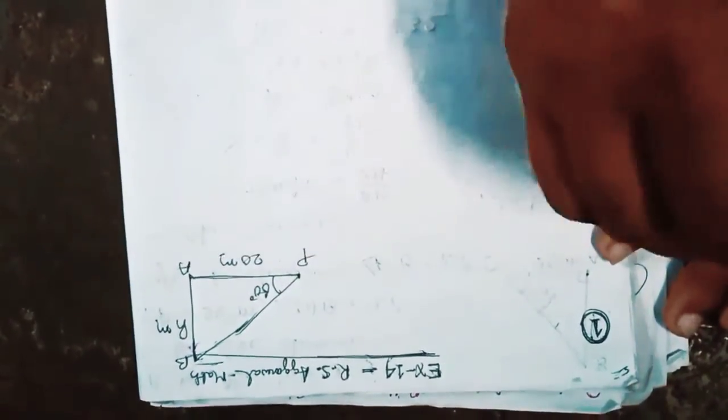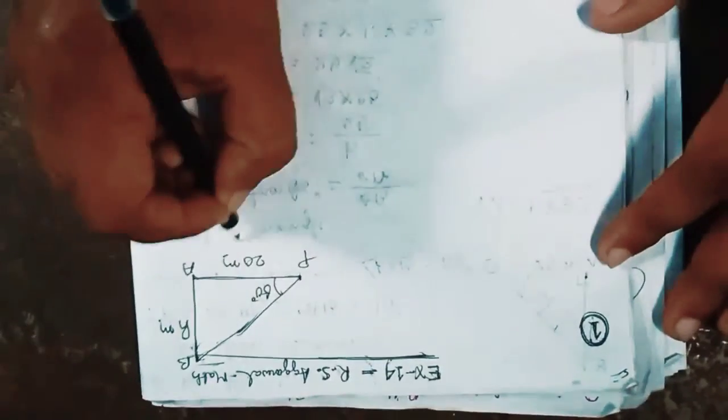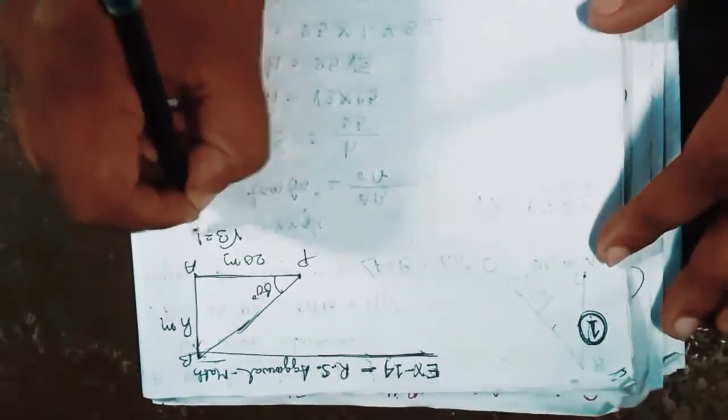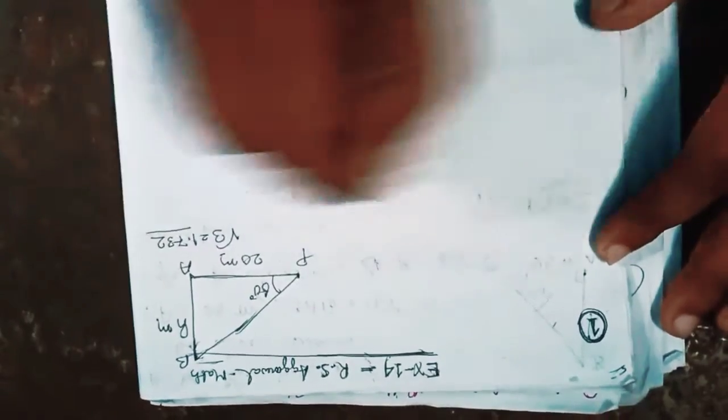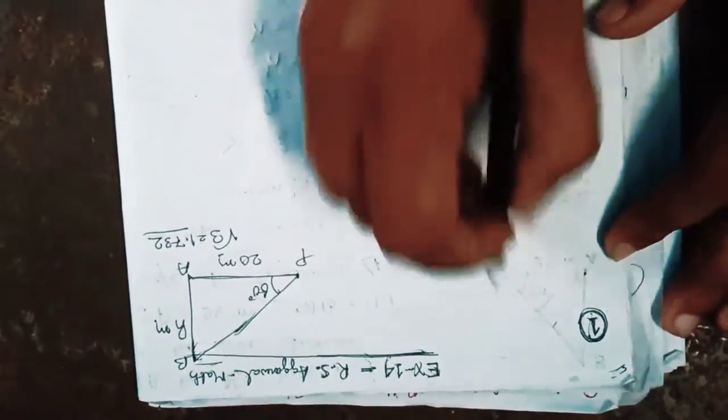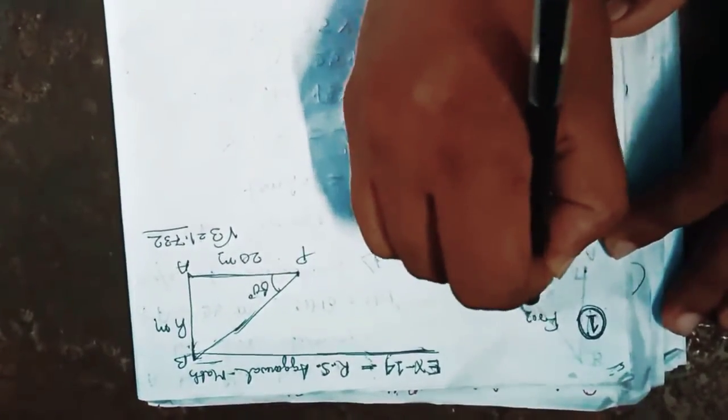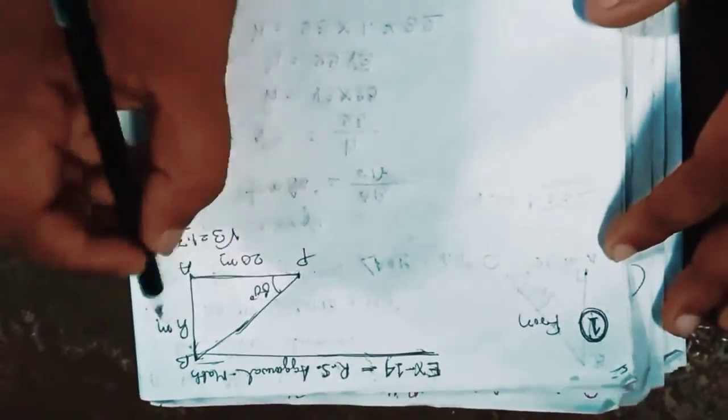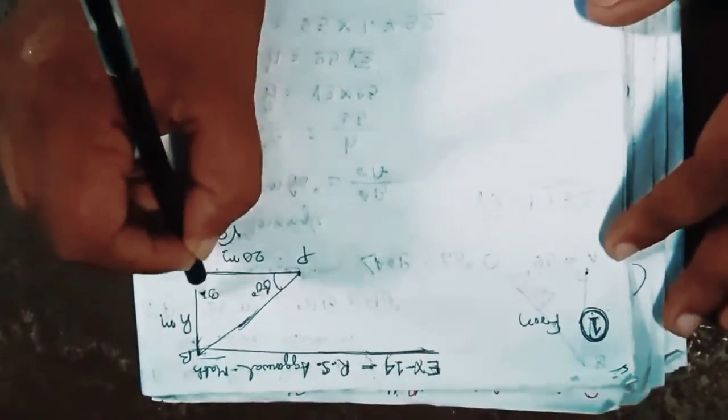Now we have to find the height of the tower, and here it is given that root 3 is equal to 1.732. Obviously this is a right angle triangle where this angle is 90 degrees.